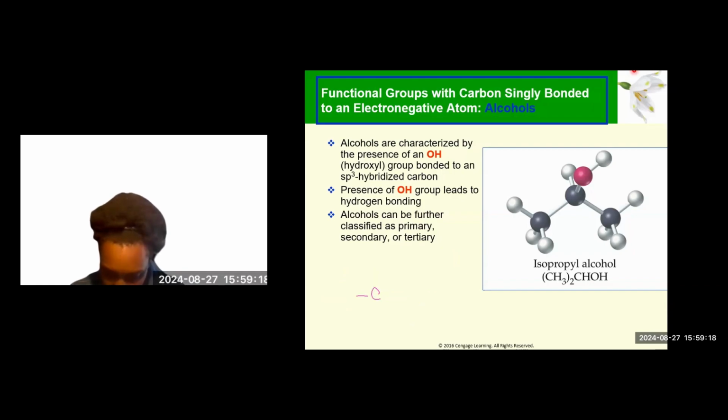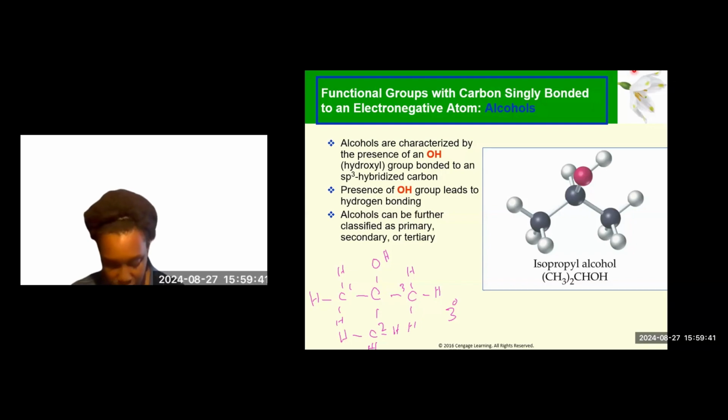If I have a carbon that's connected to an OH group, and that carbon has one, two, three carbons attached to it, this is considered tertiary.